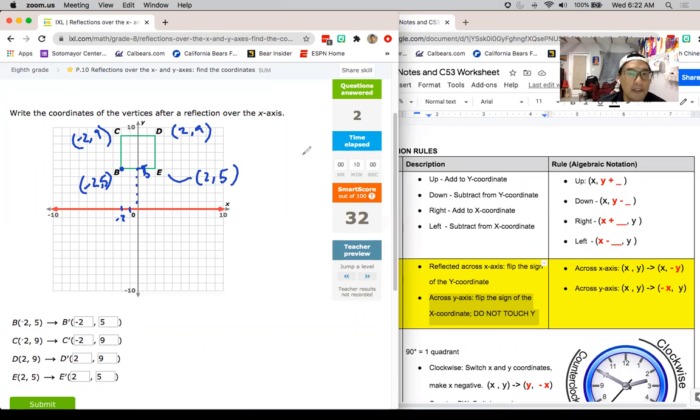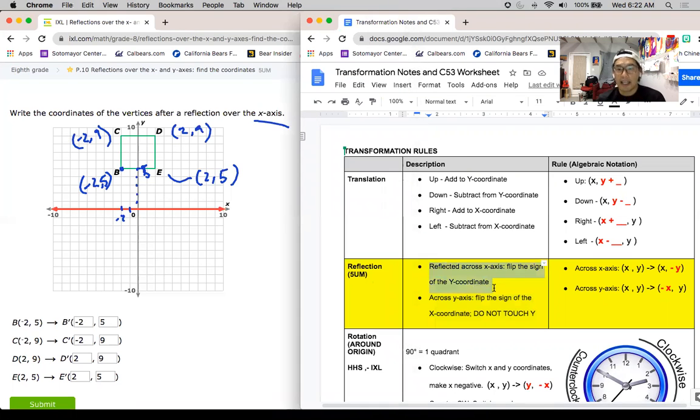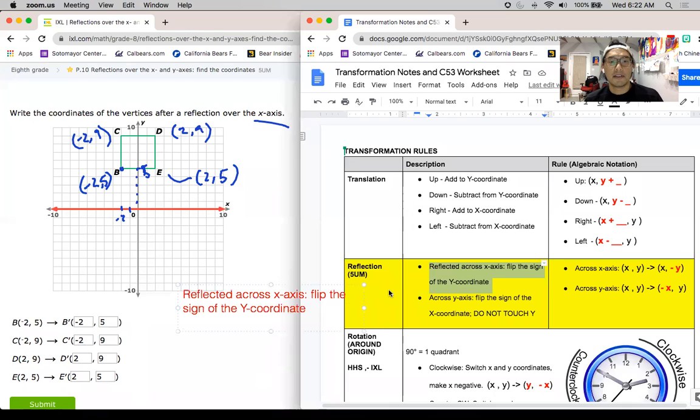Now, my rule, I'm going to reflect over the x-axis. So I come over to my notes and find my rule for reflecting across the x-axis. I am flipping the sign of the y-coordinate, and that's my algebraic rule.